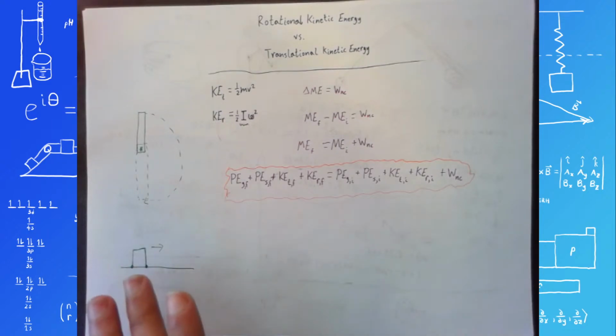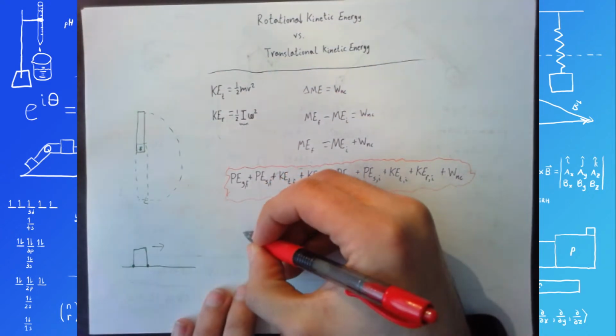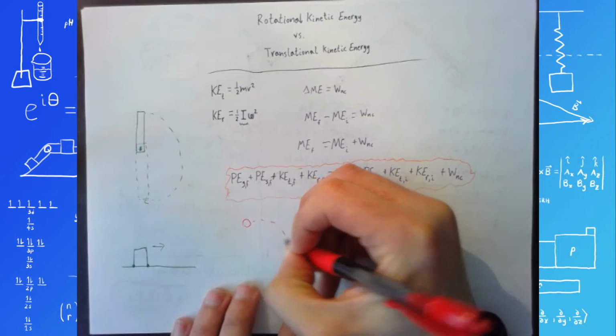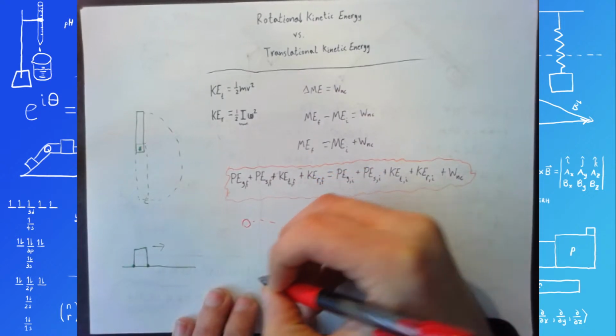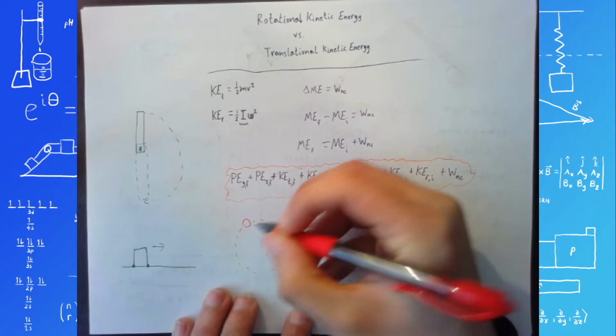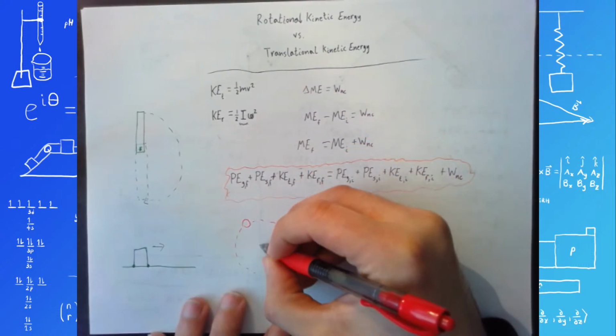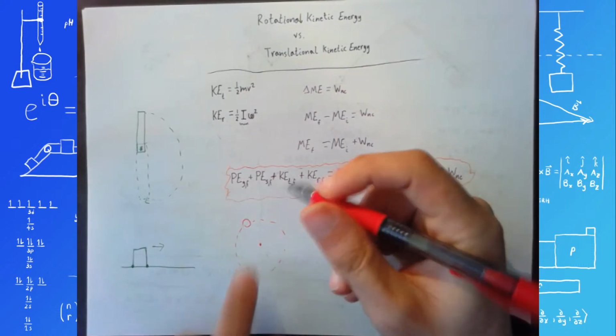Anyway, so that's a scenario where we have strictly translational but not rotational kinetic energy. And then we have one more scenario where it can be either or, where you can view it one way or the other, but at the end of the day it can't be both. And that is circular motion. So if I have an object, it can be uniform or non-uniform, it doesn't matter, but let's say an object in uniform circular motion is moving around. You could say it's moving around an axis of rotation through here.